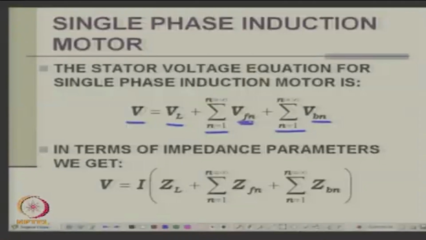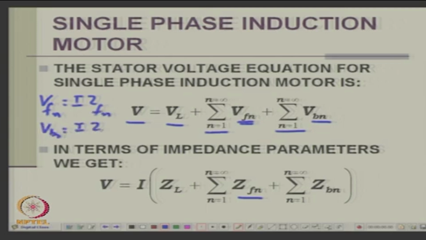Okay. Now, we will consider the voltage induced due to forward field by the current I can be represented by I into ZFN, that means VFn will be I into ZFN and VBn will be I into ZBn. Okay.